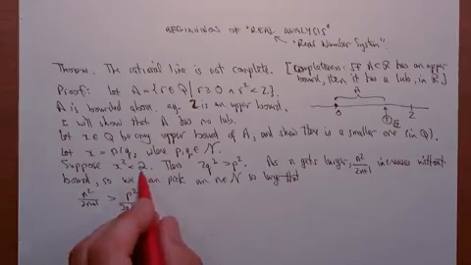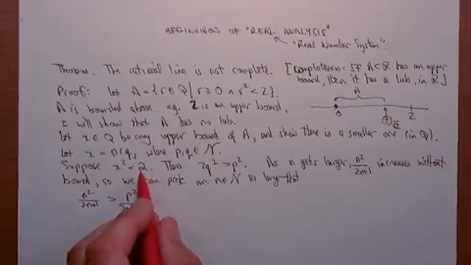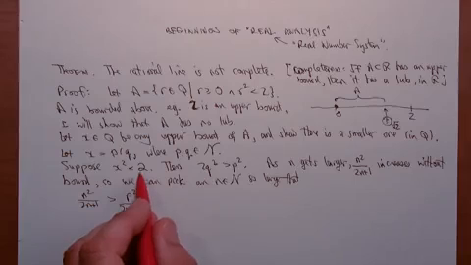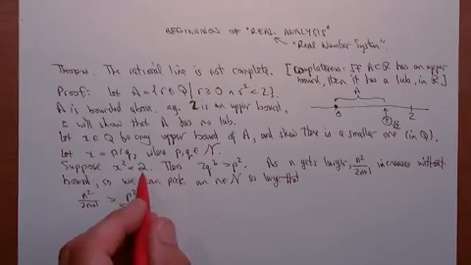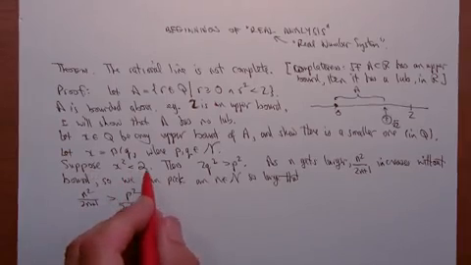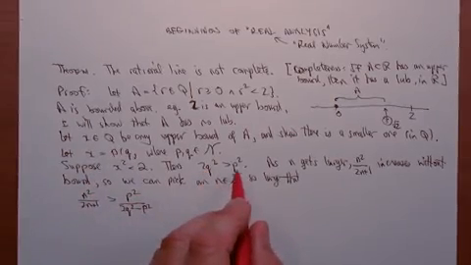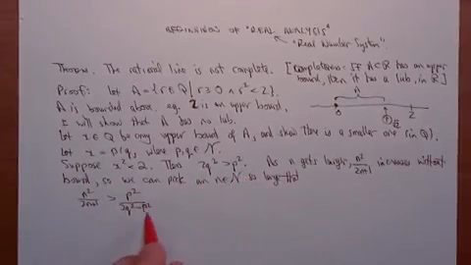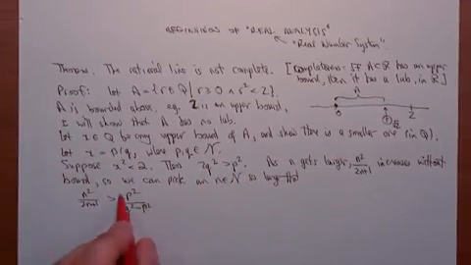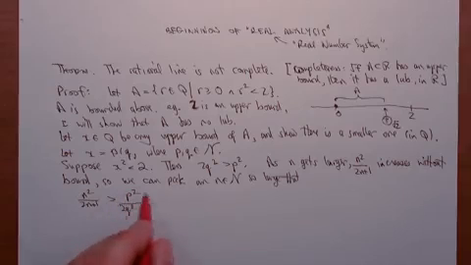Okay, we're assuming x squared is less than 2. In a moment, we'll arrive at a contradiction. So the conclusion I'm going to get out of this is that x squared is in fact not less than 2. But this is where we're starting. If x squared is less than 2, then because of that definition, 2q squared is greater than p squared. So 2q squared minus p squared is positive. That means this number is a positive number.